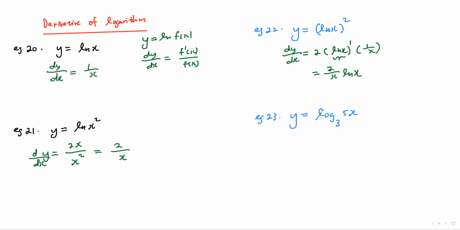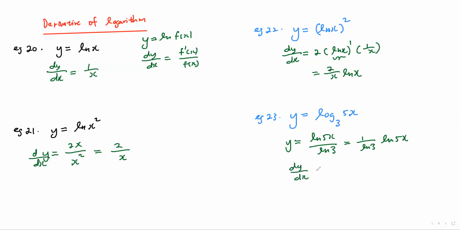Now let's look at an example where the base of the logarithm is not e. This is a base 3. So what I will do is convert this to a base e. This is actually ln 5x over ln 3. That's how we convert bases. So this is the same as 1 over ln 3 times ln 5x. 1 over ln 3 is just a constant, so it's quite simple to treat a constant.